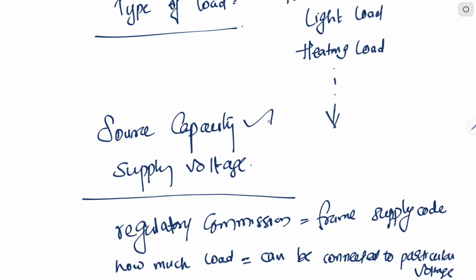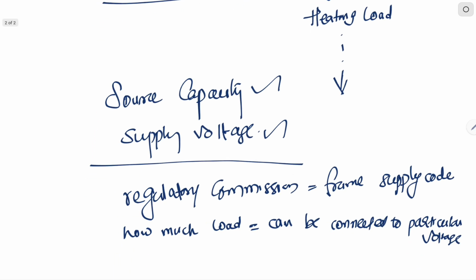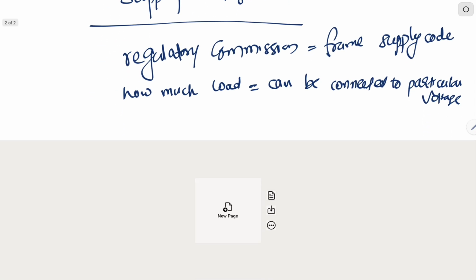So source capacity, supply voltage, and the type of load, these three things determine the basic technical requirement. And the second point, theoretical principles.